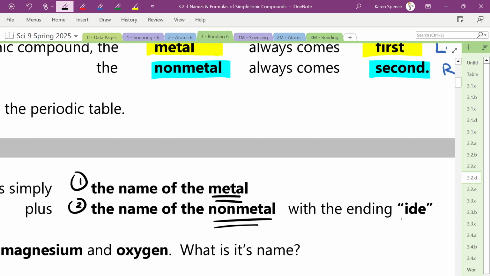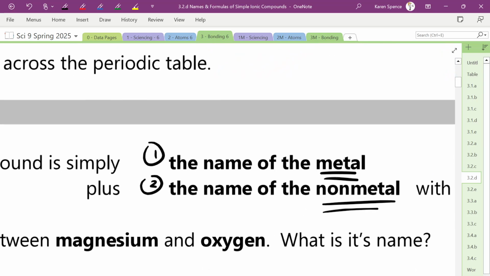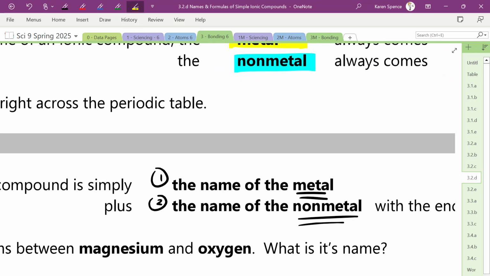Ide. Okay? So if we have a compound between magnesium and oxygen, what would we name that compound? Magnesium oxide.